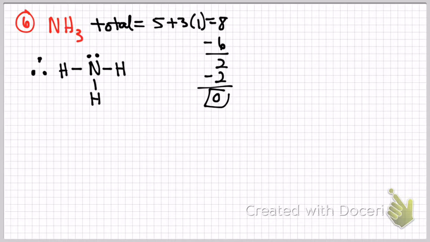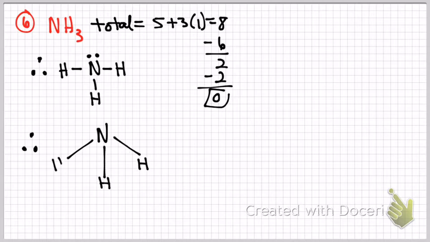If you think back to what you just viewed in the video, back with methane, you know that 4 pairs of electrons will point towards the vertices of what is known as a tetrahedron. But we don't have 4 atoms connected to the nitrogen. The 4th position is a pair of electrons, that lone pair. So it looks like the nitrogen is sitting at the top of a pyramid.